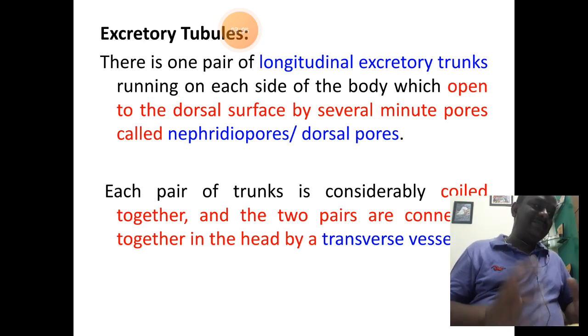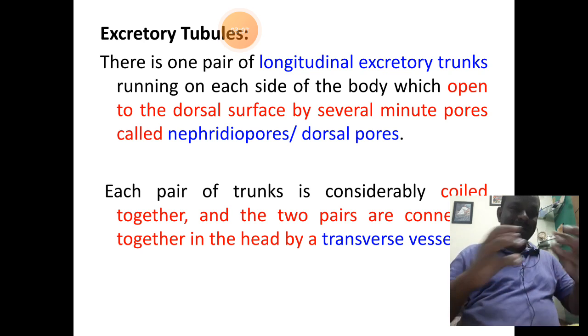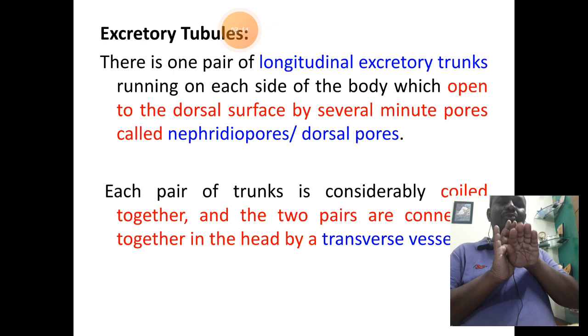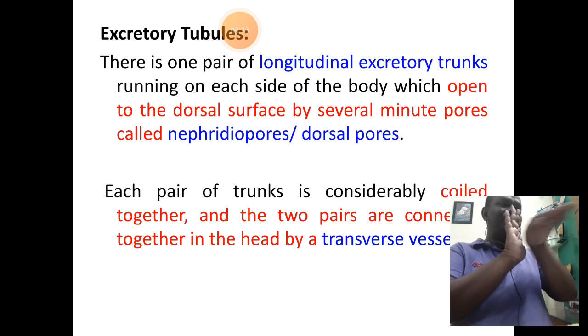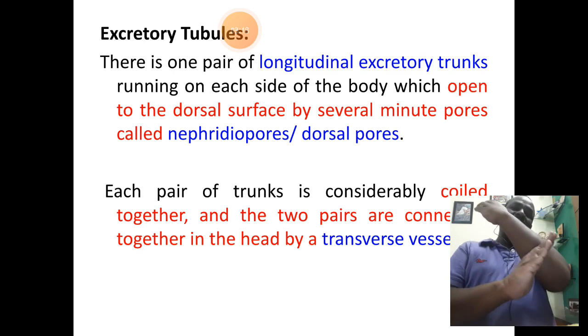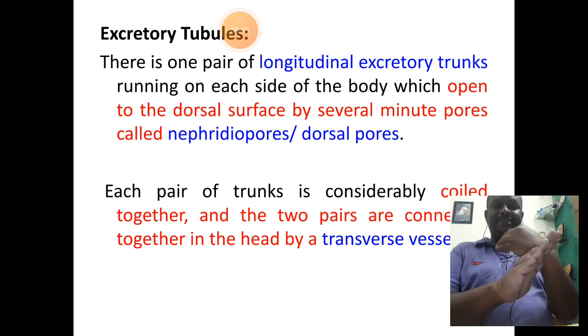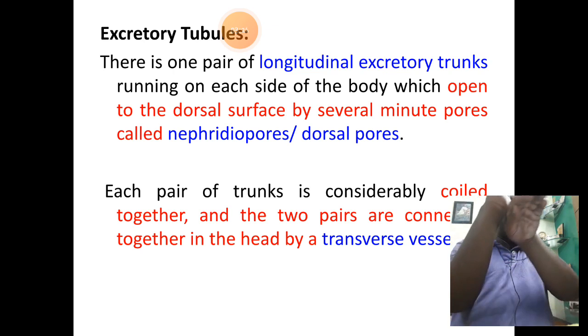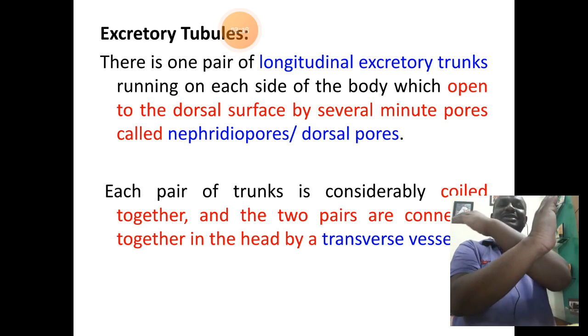These excretory trunks are further branched out. Some branches are positioned towards inside, so they move towards the inner surface. Some move towards outside, that is towards the dorsal surface. If this is one trunk, one branch positions towards inside, one towards outside.